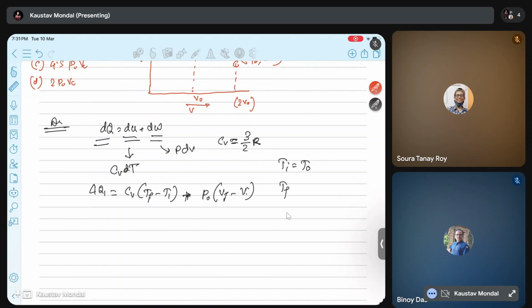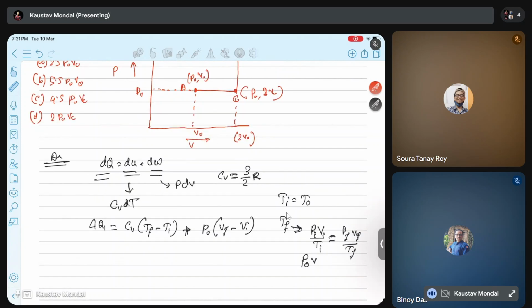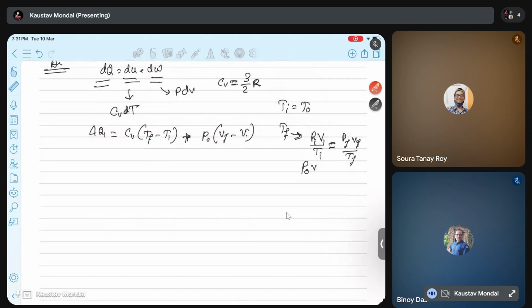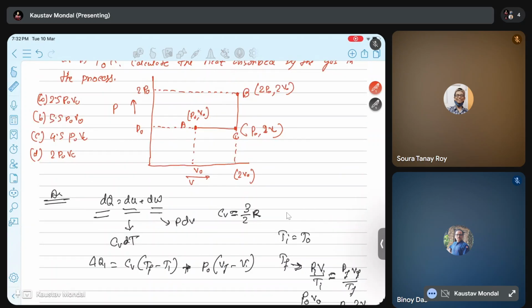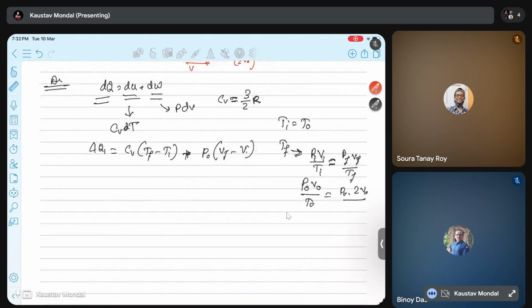What is the Tf? For the case of Tf we have to use the ideal gas equation. So PiVi/Ti equals PfVf/Tf. Here PiVi is P0V0, so P0V0 by T0 equals P0 into 2V0, since the volume changes to 2V0 here, by Tf.